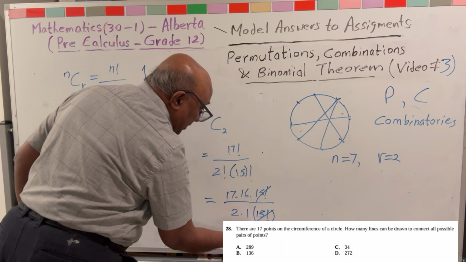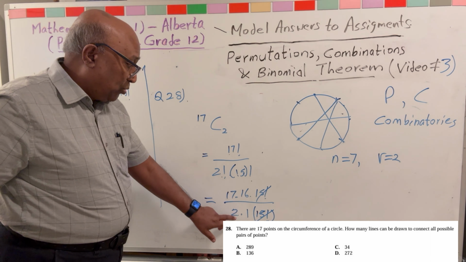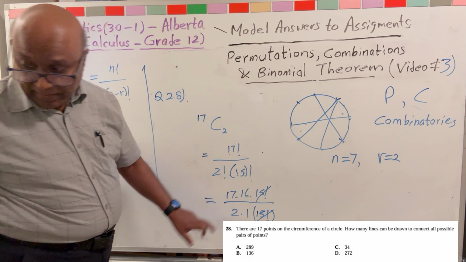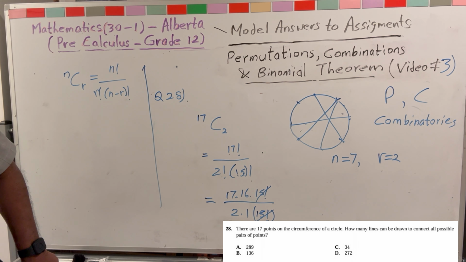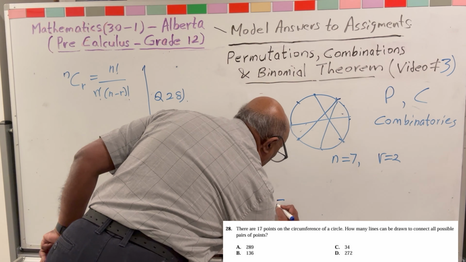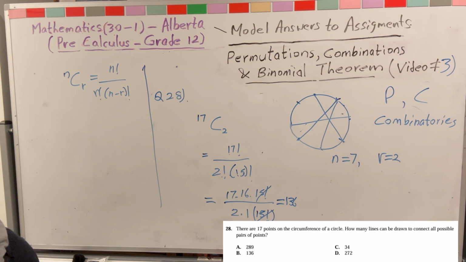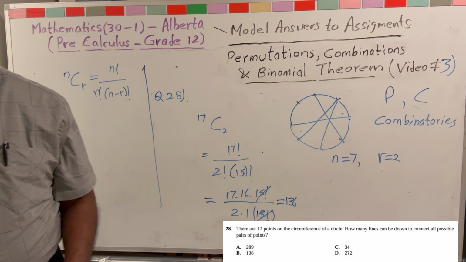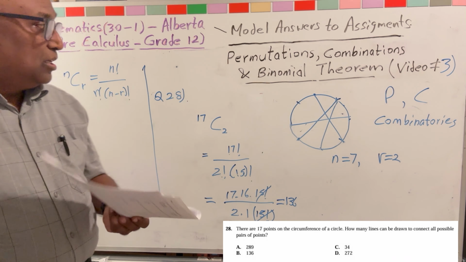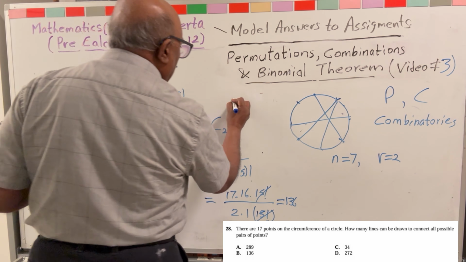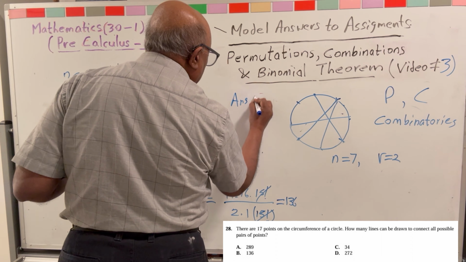Now these two are cancelled. 16 upon 2 is 8. 8 times 17, when you calculate this, you get 136. So there is an answer of 136. That is, the answer is B.